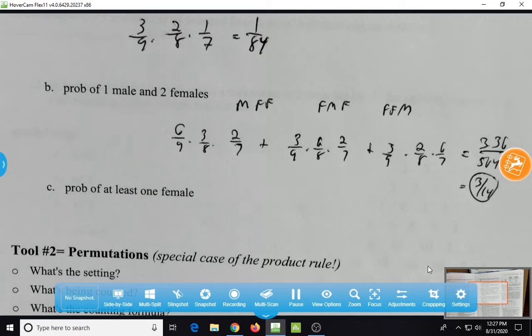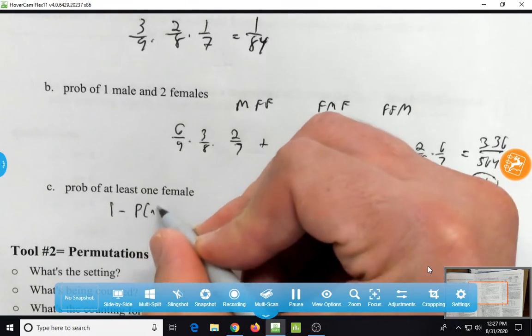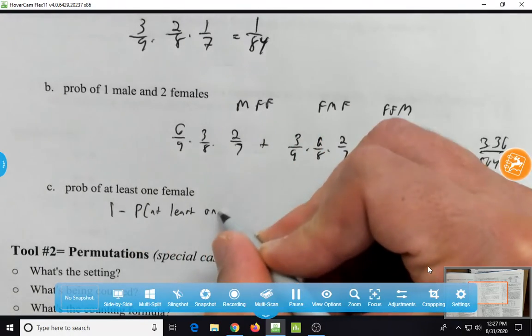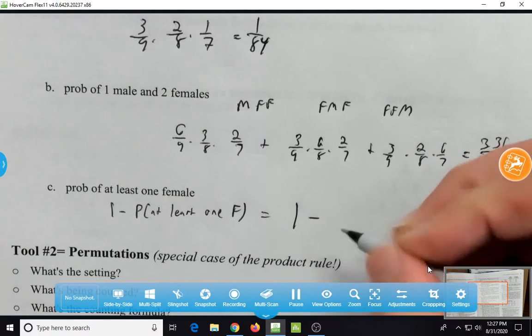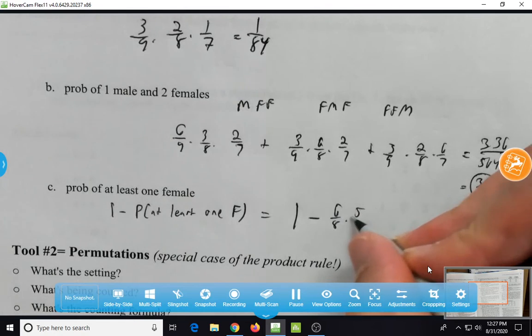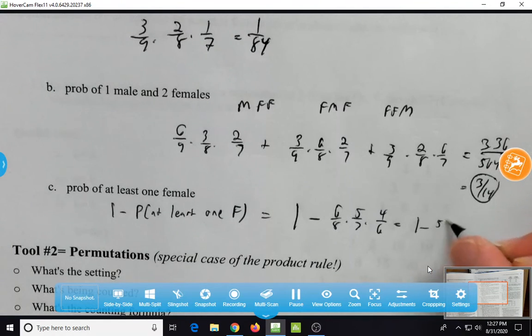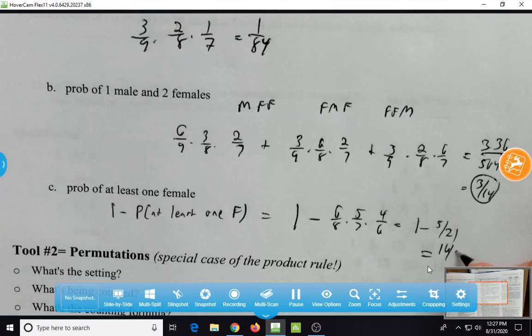All right, and then that's the probability of at least one female. What's the thing to do? Try to find the complement. Right, so the complement would be 1 minus the probability of at least one female, which is equal to 1 minus 6/8 times 5/7 times 4/6, which is equal to 1 minus 5 over 21, or 16 over 21.